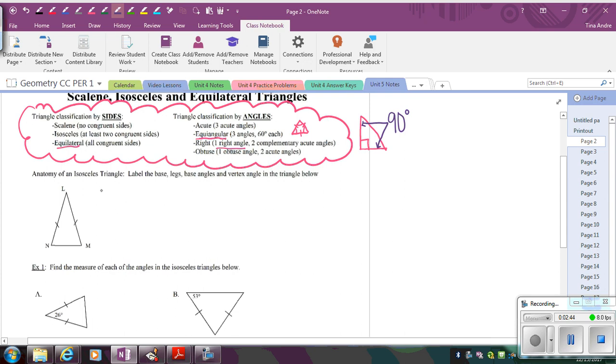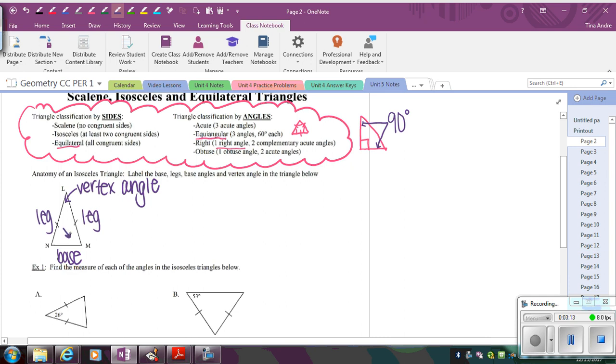So the anatomy of an isosceles triangle: the side across from the two congruent legs, or the two congruent sides, is called the base. It is across from what we call the vertex angle, so this angle right here is the vertex angle. The base is always across from the vertex angle. The two congruent sides are called the legs.